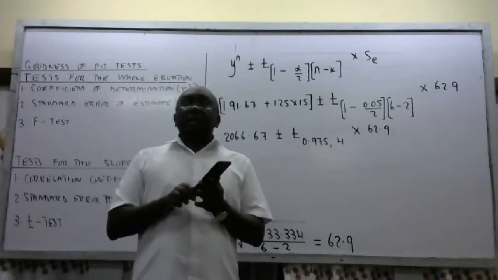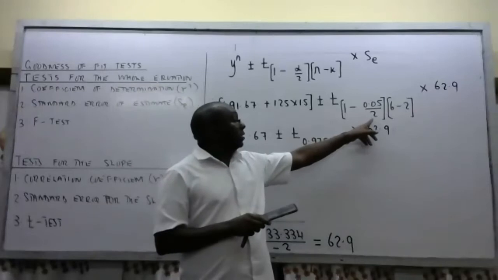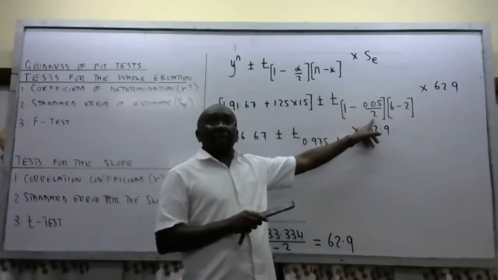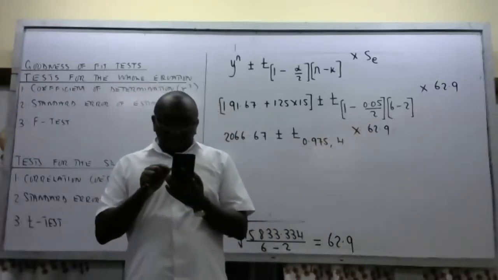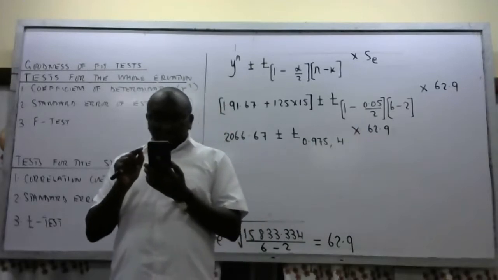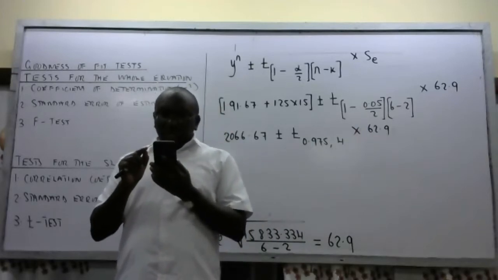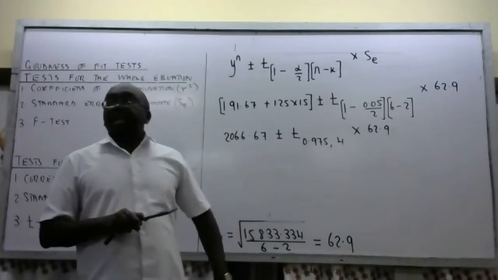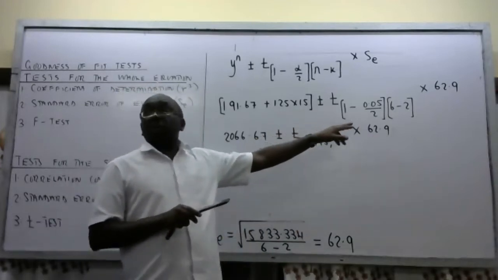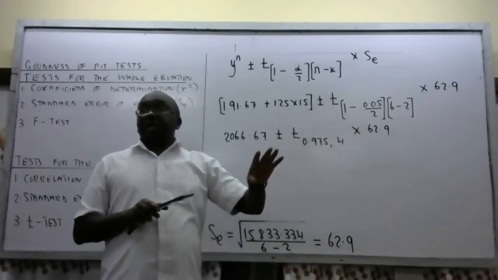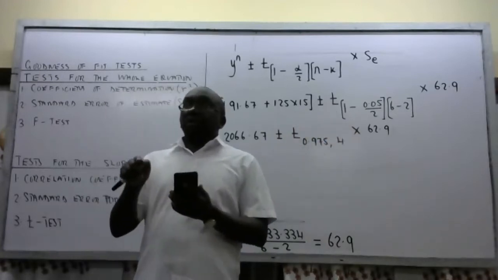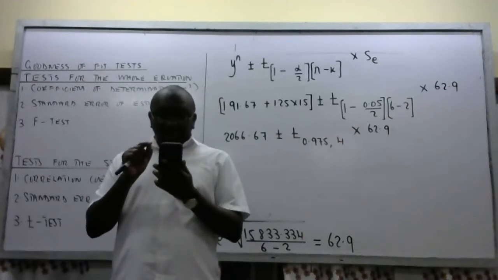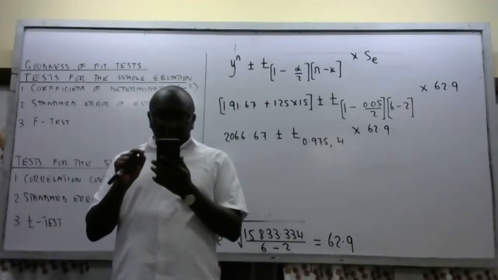Utaenda mahali wameandika two-tail. Then when you go to two-tail, ukifuata hizo percentages, we are doing a 95%. Tumesema 95%. So ukifuata hiyo row ya two-tail 95%, you can see where 95% is.